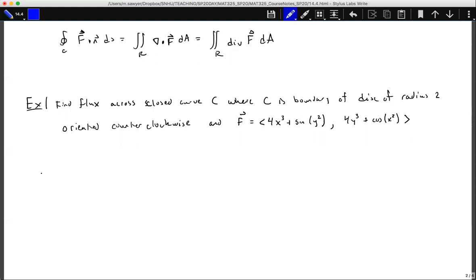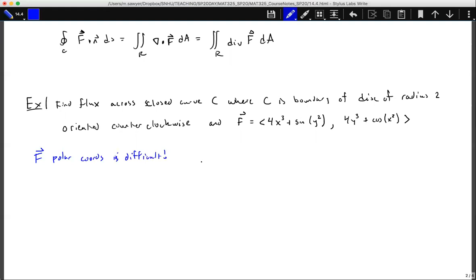So our goal is to describe a circle, but putting our vector field F into polar coordinates is difficult. So even though we have a circle as our boundary, it may not be the easiest to put it in polar coordinates just yet.